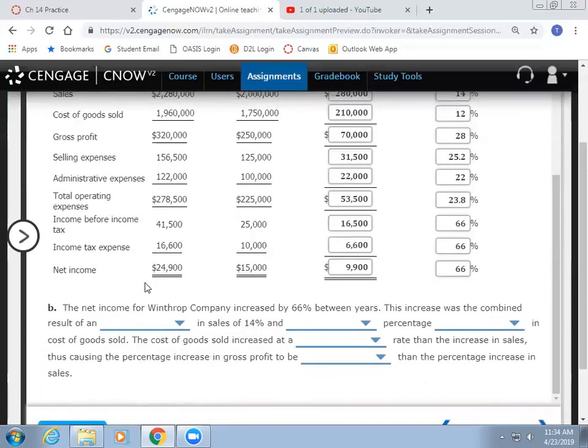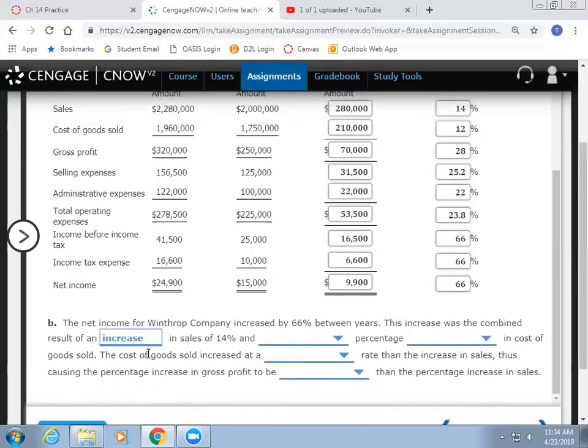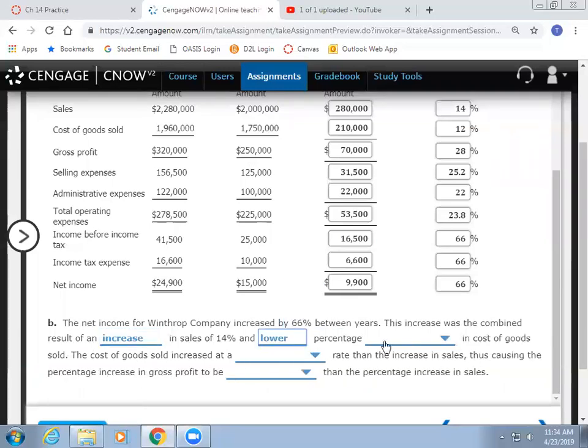And then just to look at the trends, net income for Winthrop Company increased by 66% between years. They kind of gave you an answer there, didn't they? This increase was the combined result of an increase in sales of 14%, and then a lower percentage of increase in cost of goods sold.